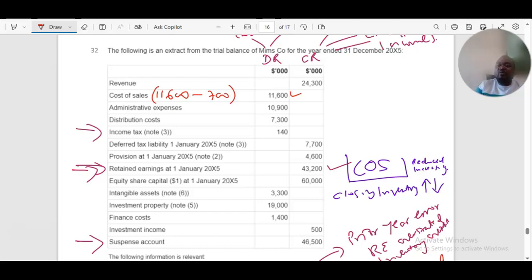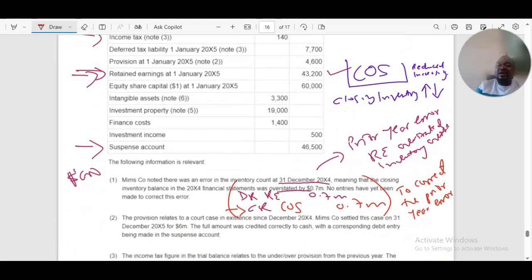This is why we are crediting cost of sales. We are reducing the cost. Why? Because when we extracted the opening balance, it had some extra debit. The cost of sales had been understated by overstating the what? The closing inventory.